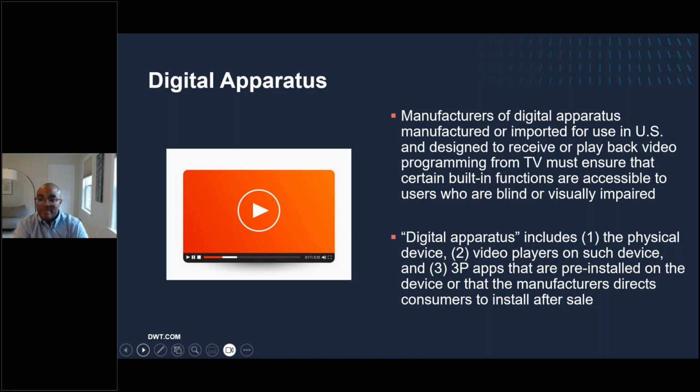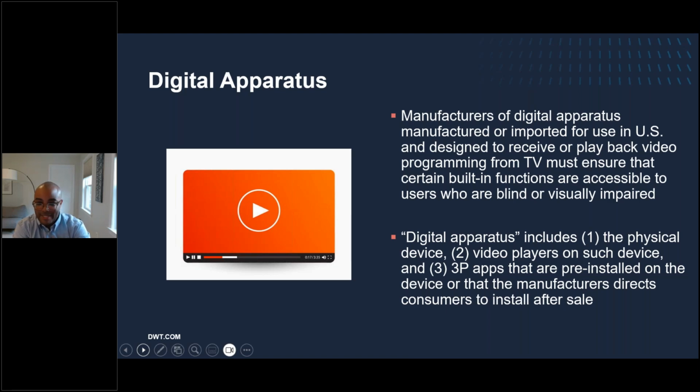And so if you fall within any of those categories, and you manufacture digital apparatus for use in the US, you're required to have certain accessibility features for people who are blind or visually impaired if certain functions are built in.